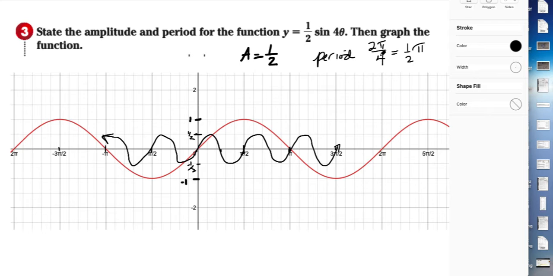We see that what this 1/2 did is it truncated it, it made it shorter, but what this 4 did, this 4 being greater than 1, it actually increased the frequency of the cycle. Or maybe increase the frequency is not what I want to say, decrease the period. All right, but you know what I mean. It made the period go much quicker. It went by much faster.